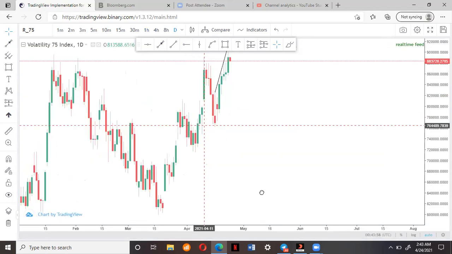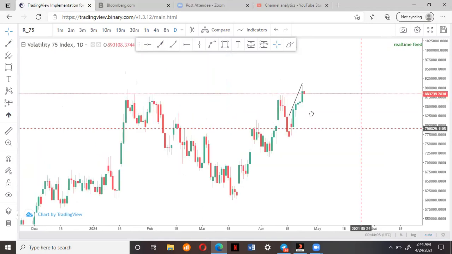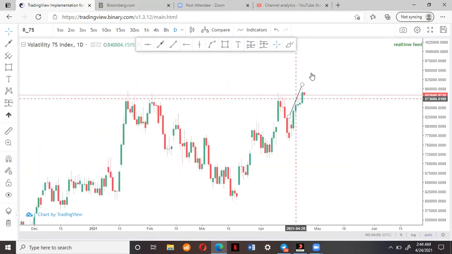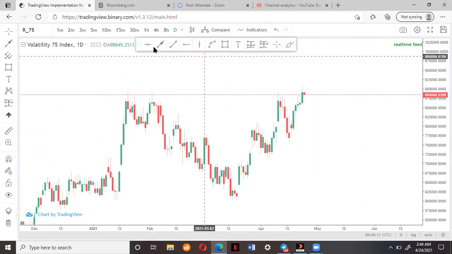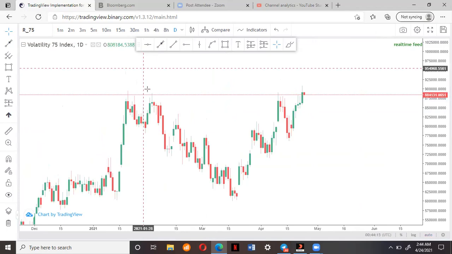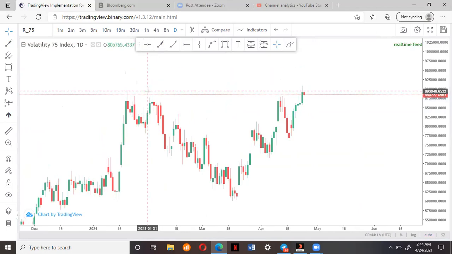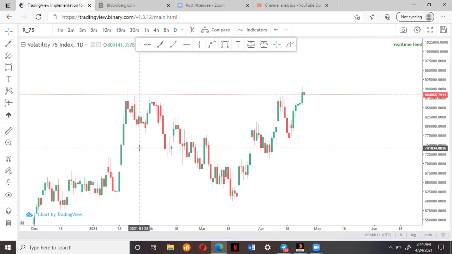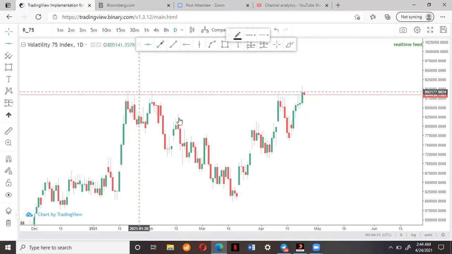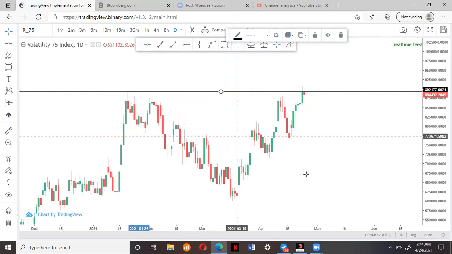So looking at this chart here, we are at the resistance level there. Price is at this top.